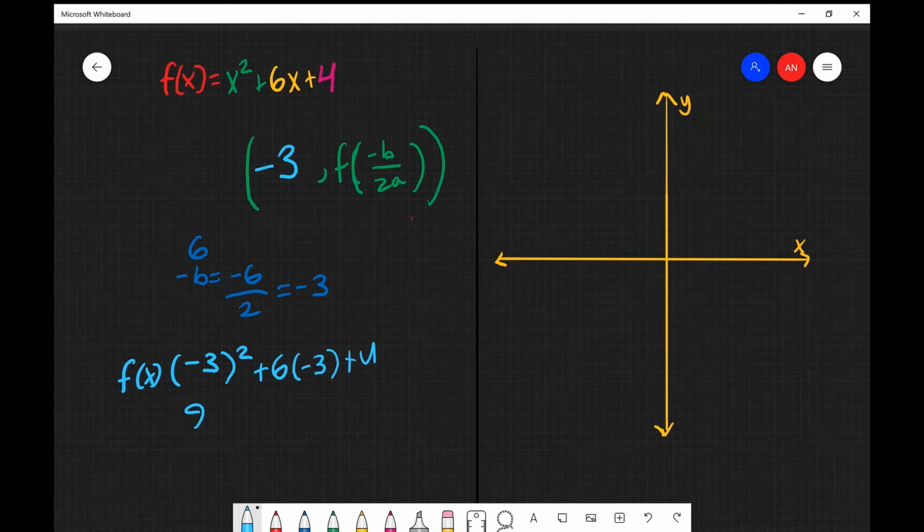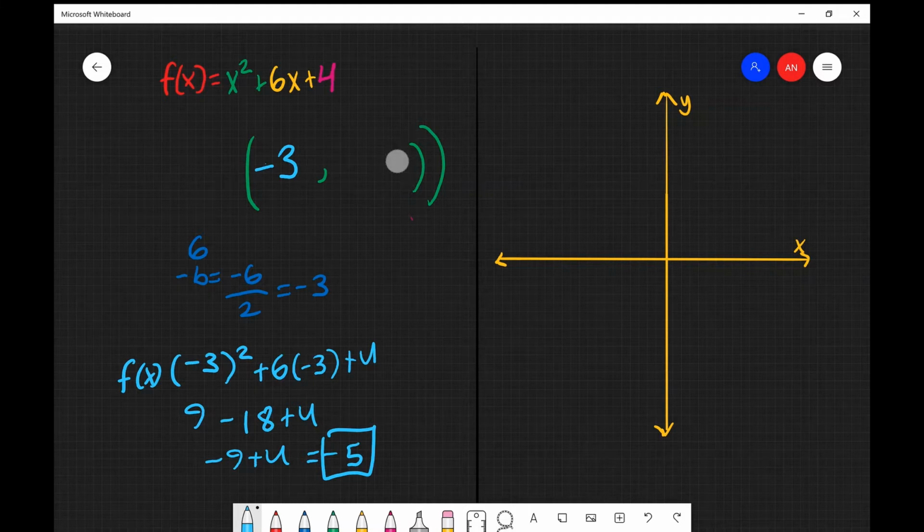That's 9 minus 18 plus 4, negative 9 plus 4 is equal to negative 5. So negative 5 is our y value. So our vertex is negative 3, negative 5.